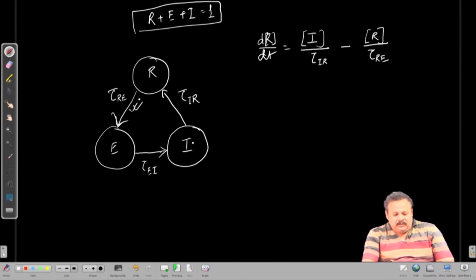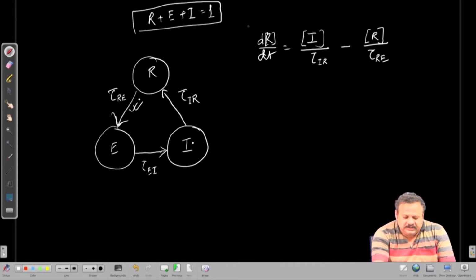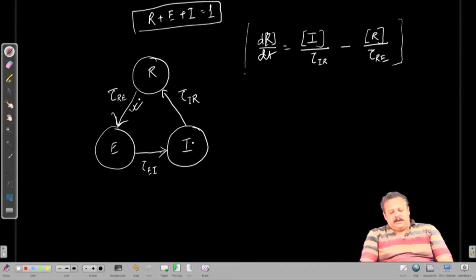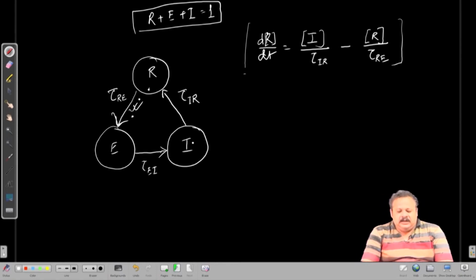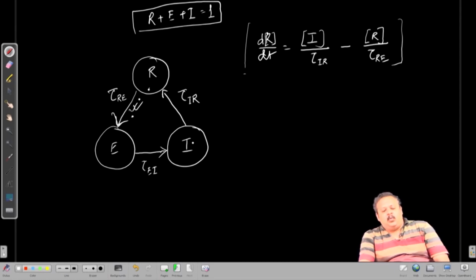There is one missing aspect in this differential equation that we have written for dR/dt. It is that all the things are not happening continuously. So, R to E is only happening when there is an action potential.